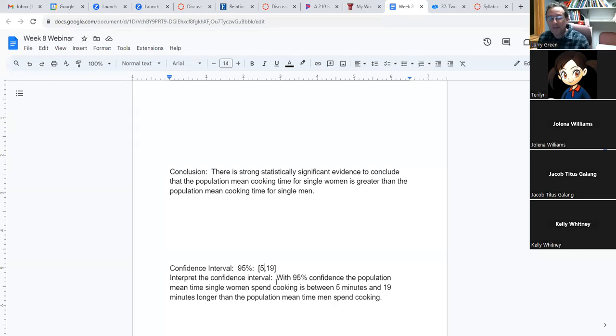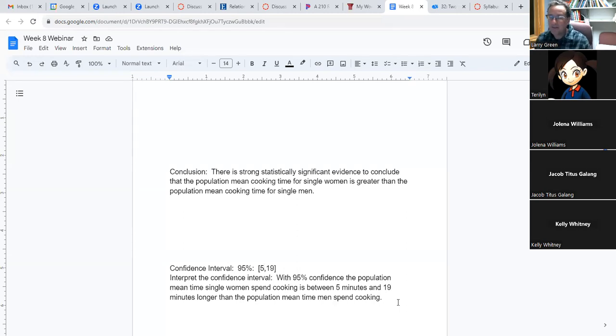So to interpret the confidence interval, hopefully we're used to this, it is with 95% confidence, the population mean time single women spend cooking is between 5 minutes and 19 minutes longer than the population mean time men spend cooking.